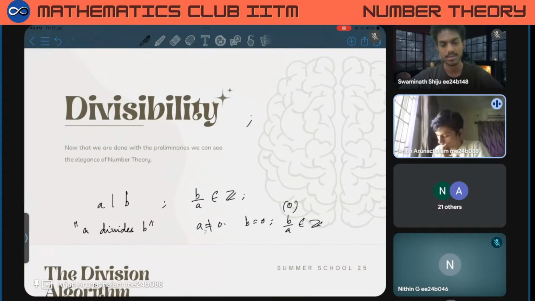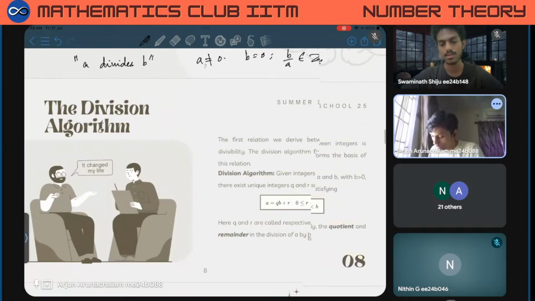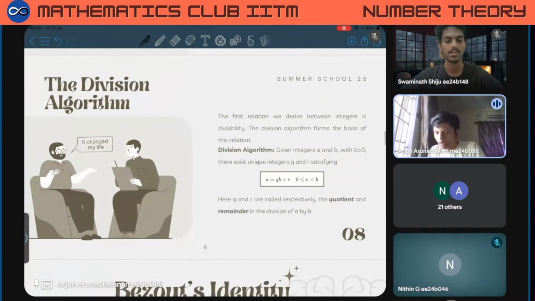So this is the basic notion of divisibility. Just to state a few examples, you can say that 2 divides 4, 3 divides 12, and so on. Now we come to something called the division algorithm. It's a way to represent an integer in terms of a linear multiple of the other integer.